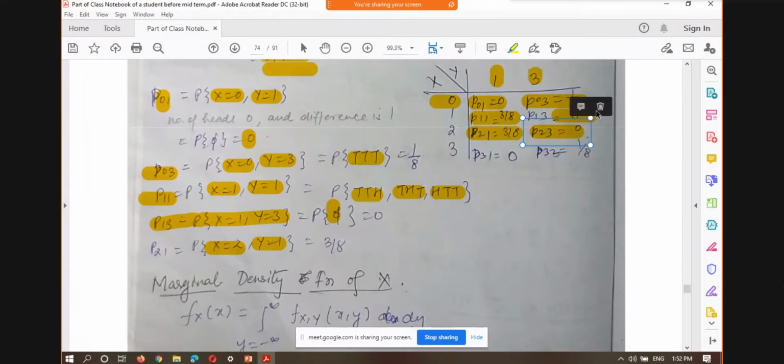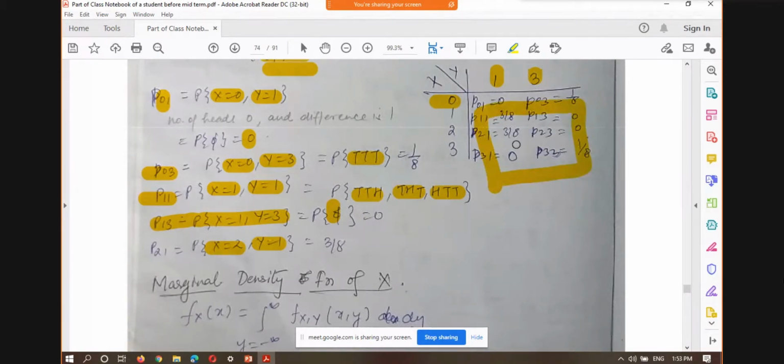So like this, I have created this joint probability mass function for the random variables X, Y as defined in the problem.